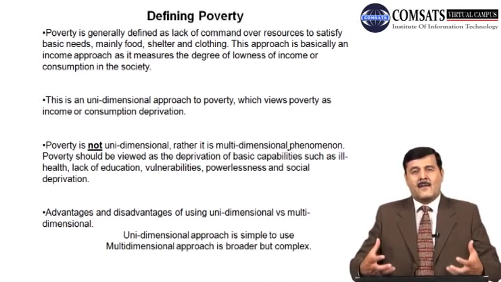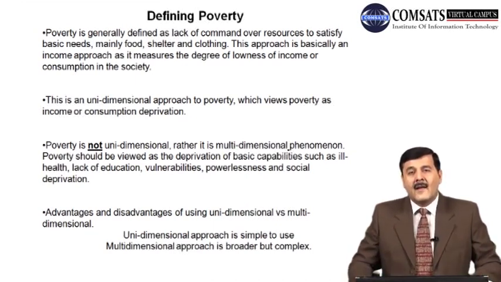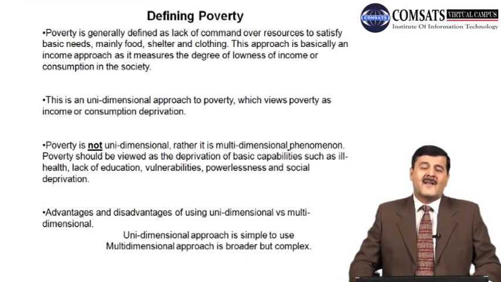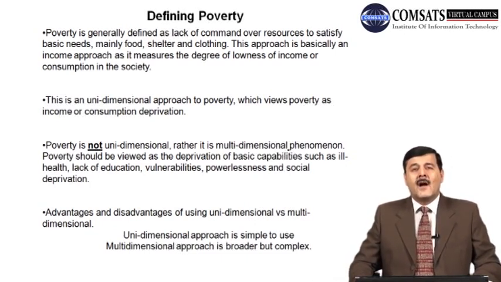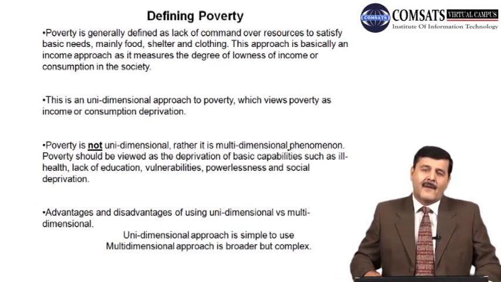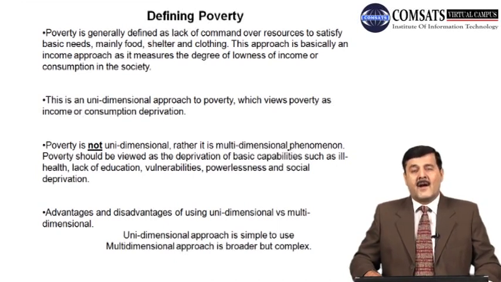If in some countries those facilities are not available to the people up to the mark, we can say that the people or the society or the individual are considered poor. So we can say that poverty is a unidimensional as well as multidimensional phenomenon or concept.